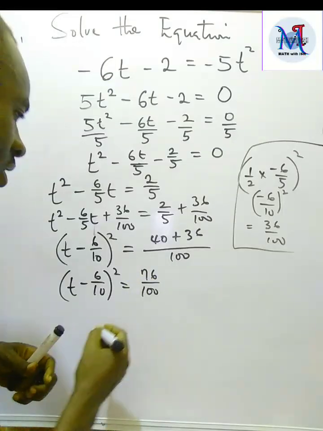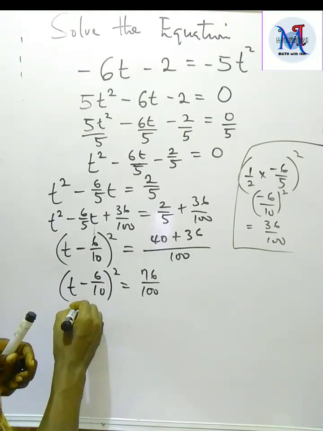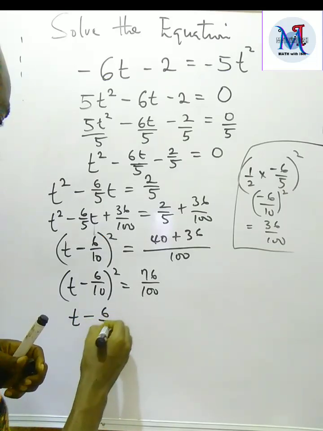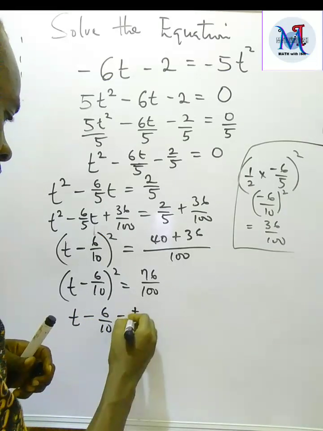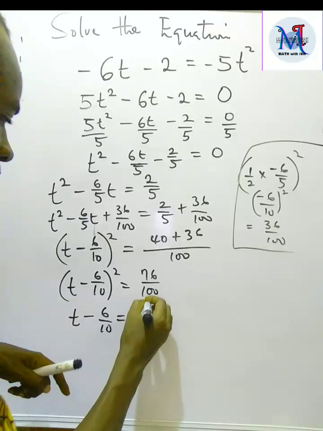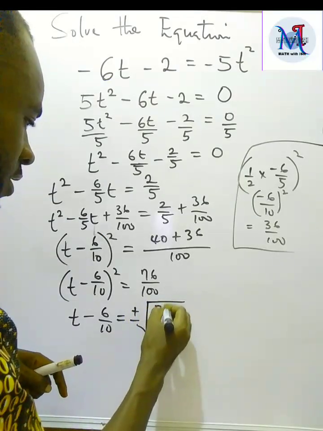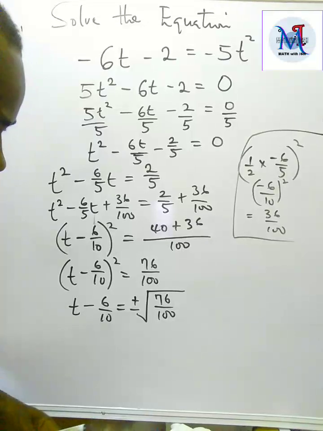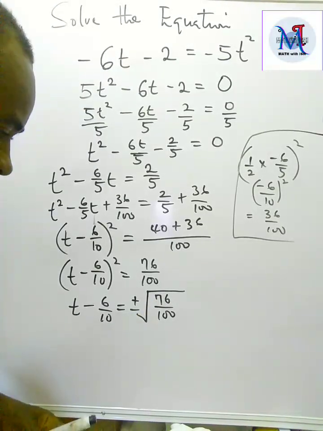Then t minus 6 over 10 is equal to plus or minus the square root of 76 over 100, getting rid of this square now.